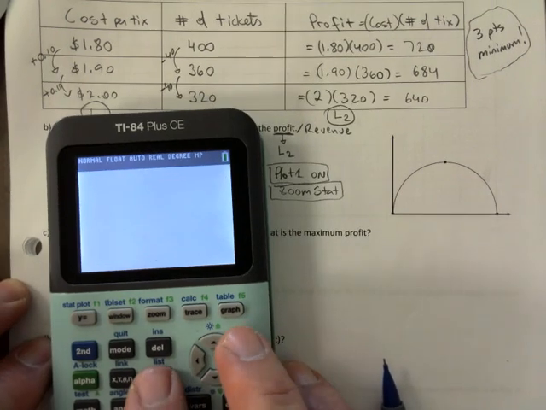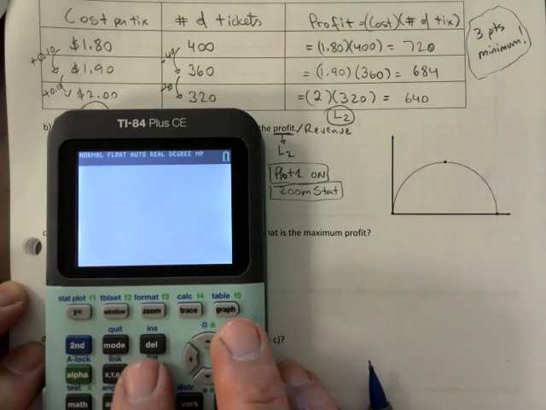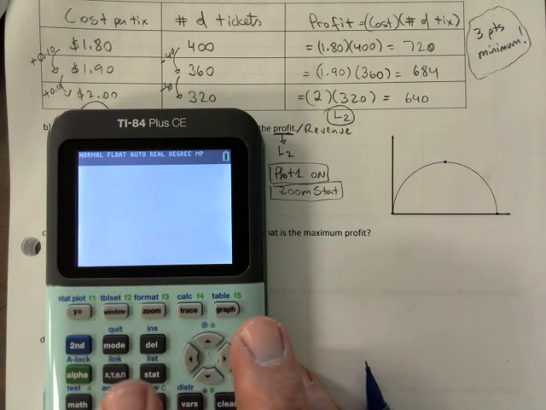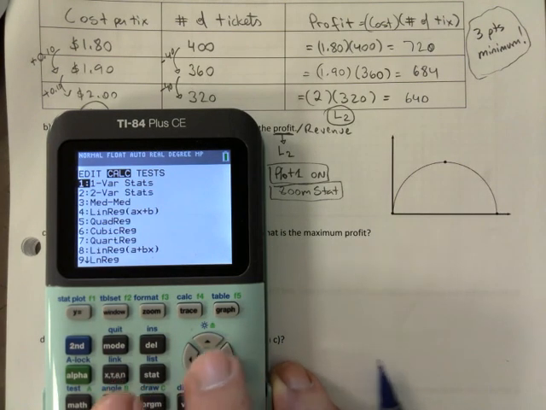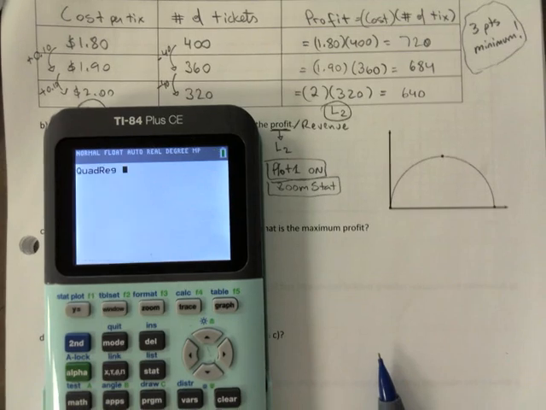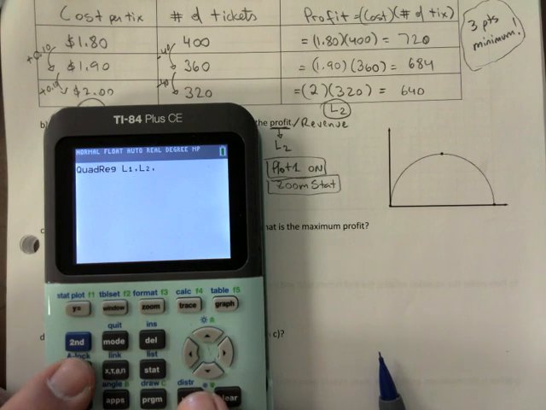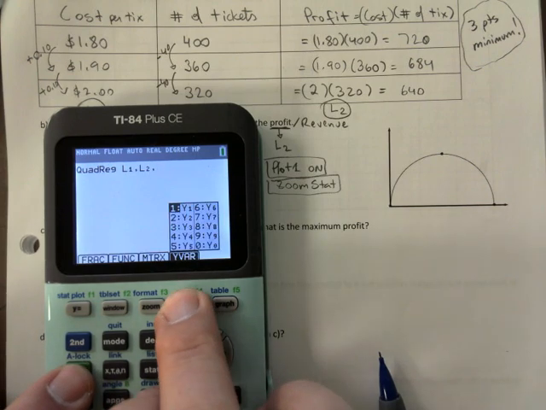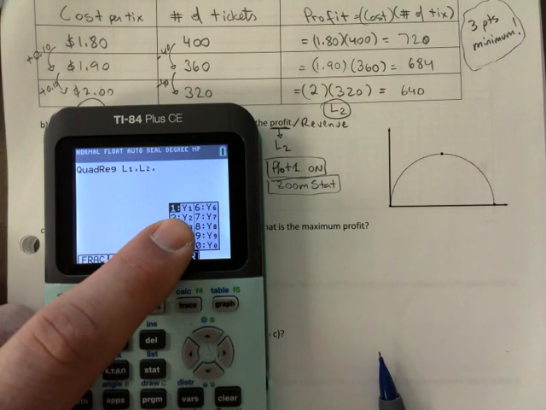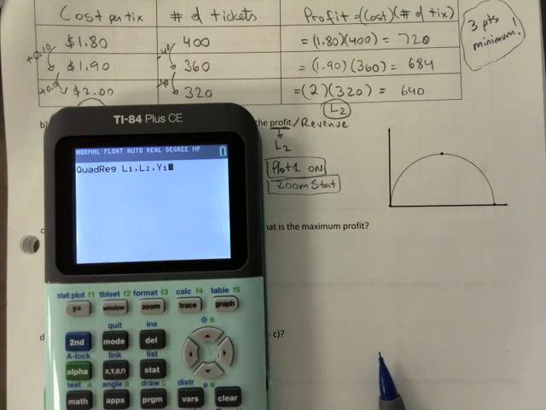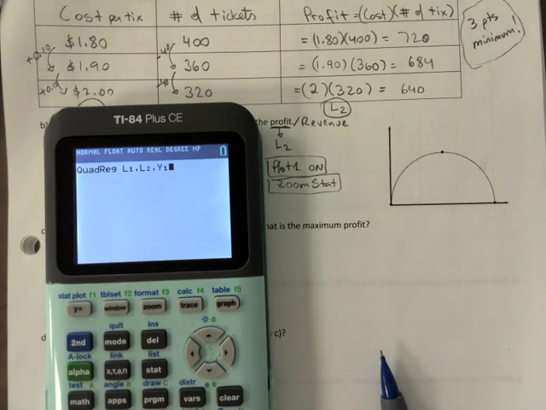And so let's do the buttons again, even though I probably have it somewhere. Stat, calculate, quadratic regression, second 1, comma, second 2, comma, alpha, trace, select Y1, because we wanted to paste it into Y1. If you don't do this, it's not going to paste it into Y1. And then let's run it.